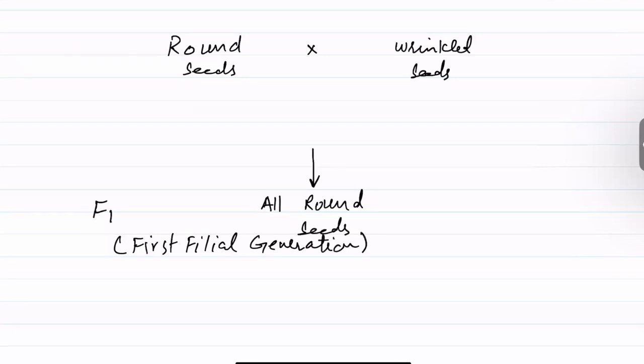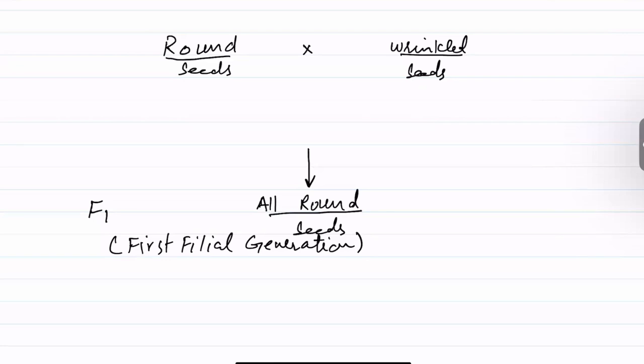Okay, so in the F1 generation, one parental characteristic expresses itself. One parent had round seeds and the other parent had wrinkled seeds, but all the offsprings produced have round seeds. So a characteristic which expresses itself in F1 is known as a dominant character.